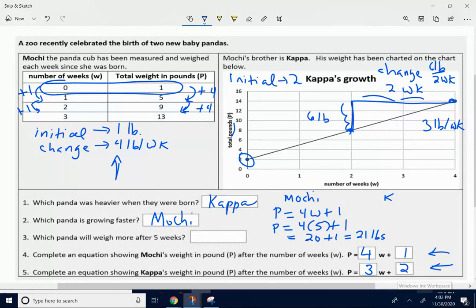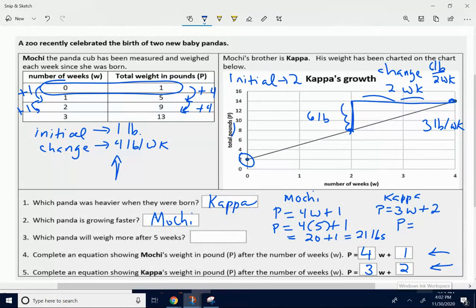Okay, Kappa. His equation is P pounds equals... I copied that wrong. His is P equals 3 times W weeks plus 2. So just replace W with the number of weeks they're asking about. They're asking about 5 weeks.